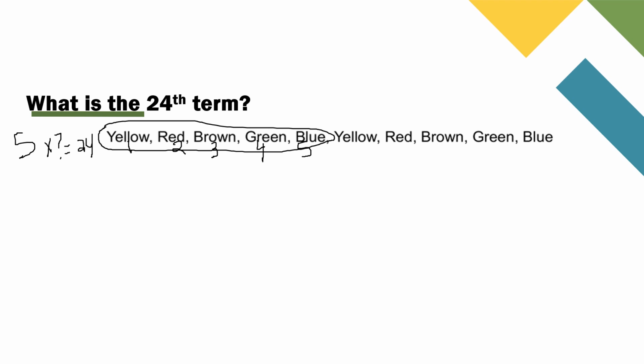Simply because if I count by 5, 5, 10, 15, 20, 25, 30, 35, 40, I did not land on 24. So that means your tip from the beginning says that if you won't be able to find that multiplication fact, we're going to do division. So we're going to say 24 divided by 5.